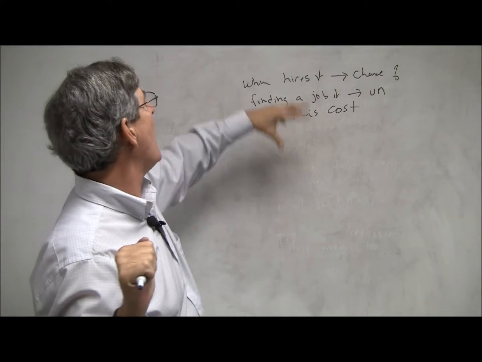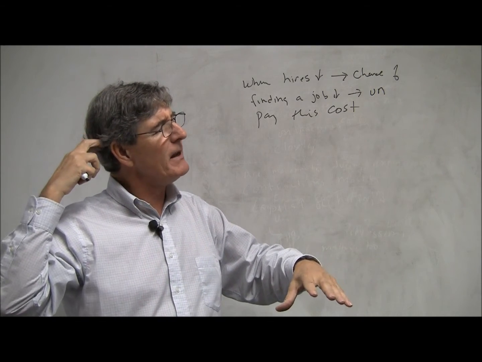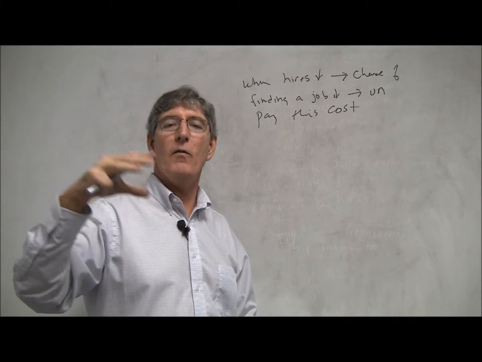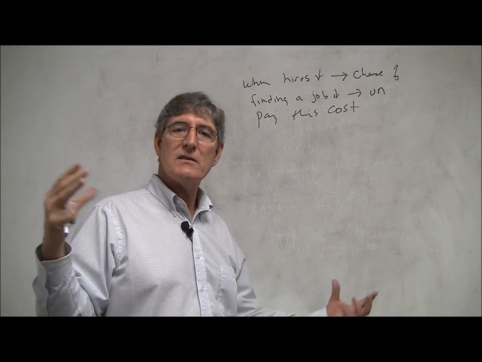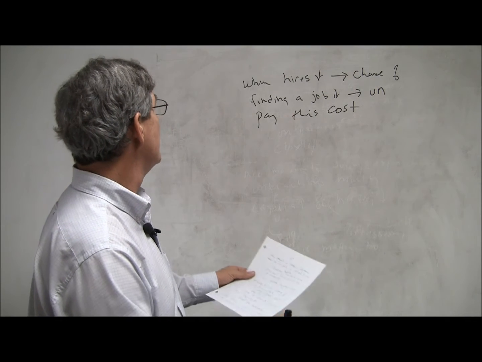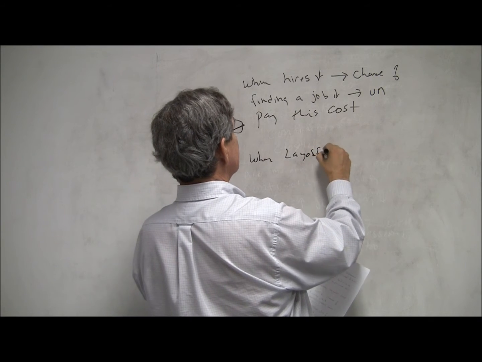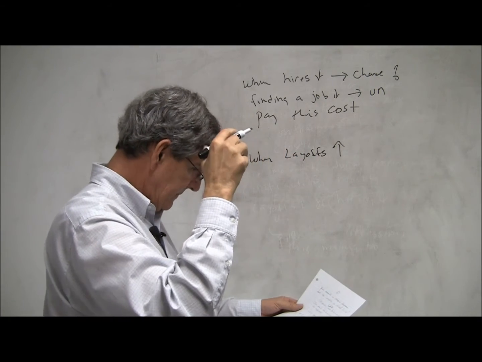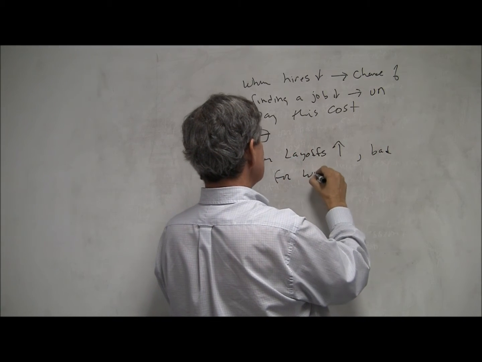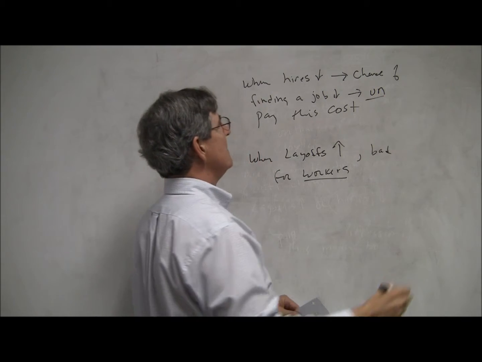So if it was all the hiring rate changing over expansions and contractions that's causing the change in the unemployment rate, then the unemployed are paying the cost. When layoffs go up, that's bad for workers. So workers pay the costs. So in one case, the workers are paying a cost, and in the other, the unemployed are paying the cost.